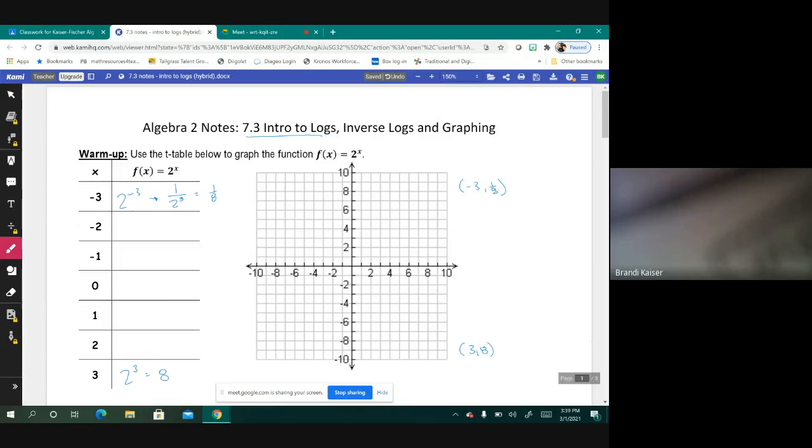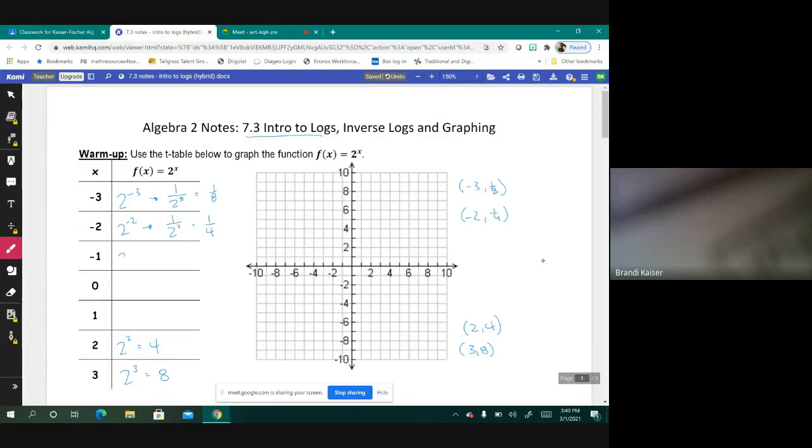The next point, 2 to the -2 power, would become 1 over 2 squared, and 1 over 2 squared would become 1/4. So our next point would be -2, 1/4. And just to do the opposite of that one, 2 to the +2 power would become 4, so 2, 4 would be another point.